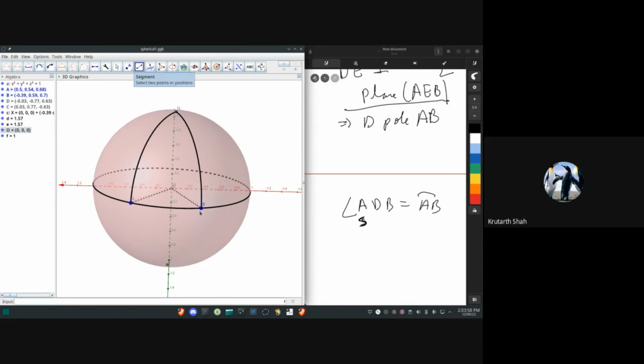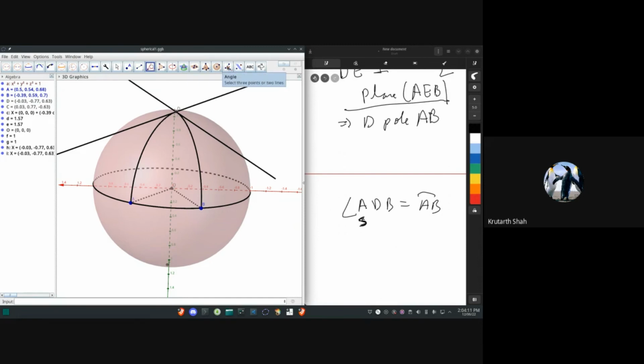Basically the proof is like, consider the two tangents from D onto DA and DB. The angle between these two is by definition the angle between the two circles.